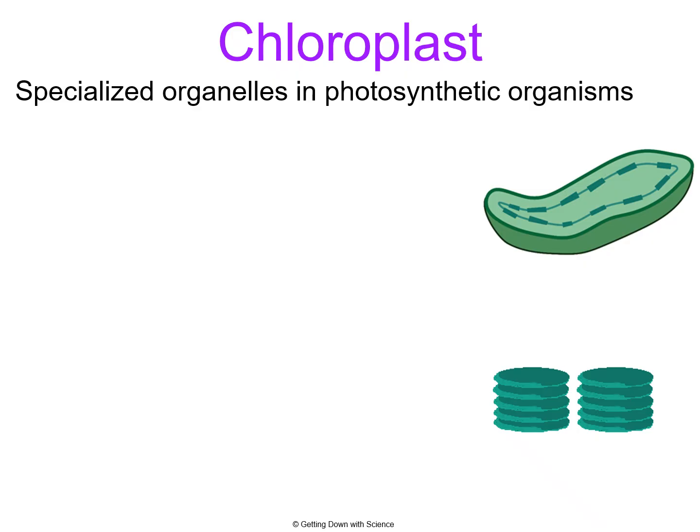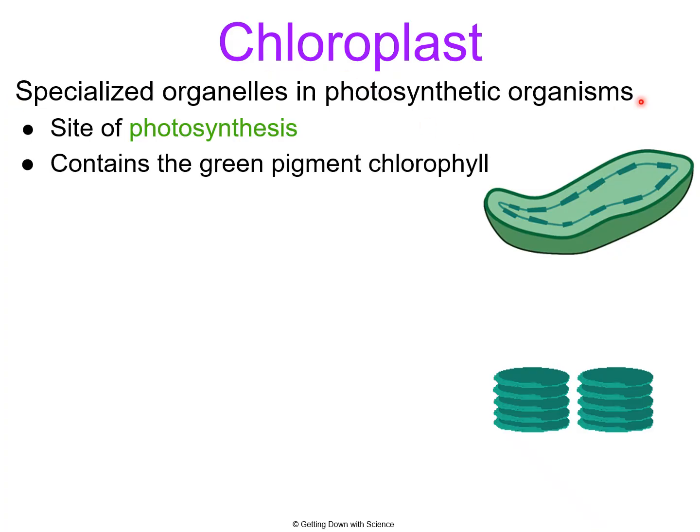All right, so chloroplast, which is an energy organelle, is a specialized organelle in photosynthetic organisms, and this is the site of photosynthesis. The chloroplast contains green pigments that are called chlorophyll, and there are different chlorophyll pigments, and we're going to get into that when we do photosynthesis. It is also a double membrane. So we're now describing the structure, and as I said in my previous slide, yes, it is a double membrane, but this is not what makes the chloroplast unique.